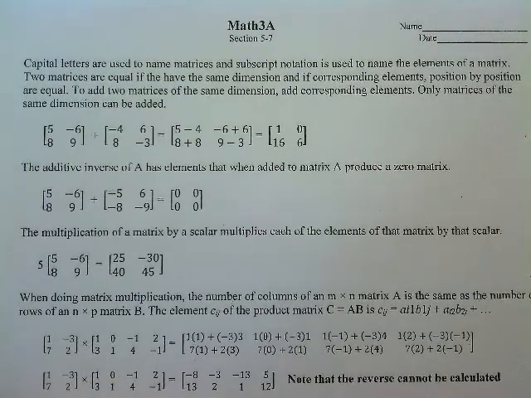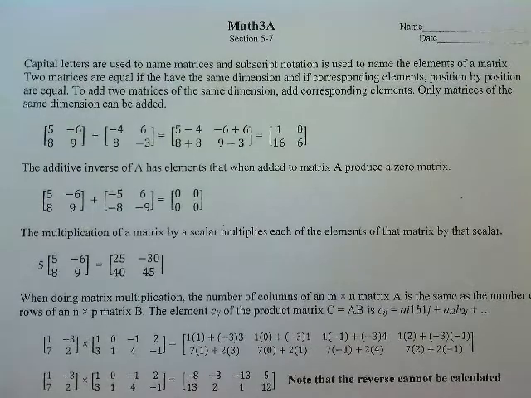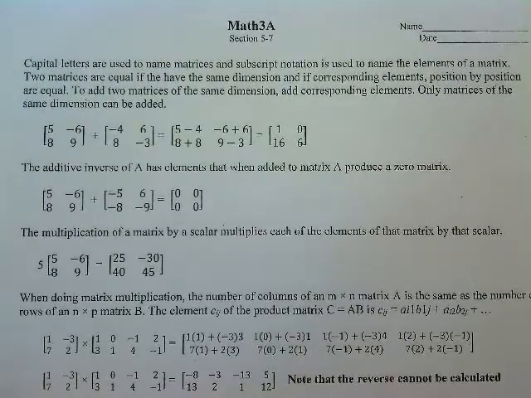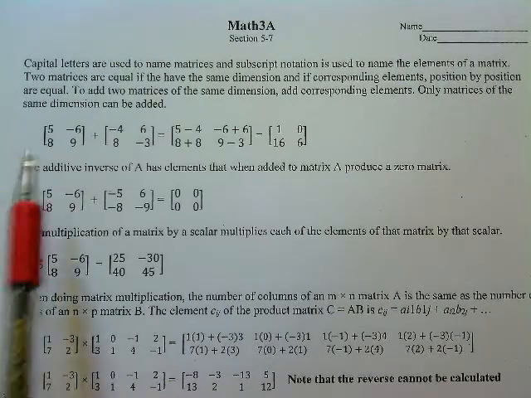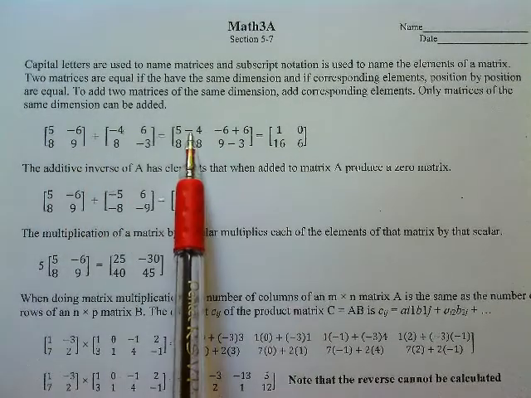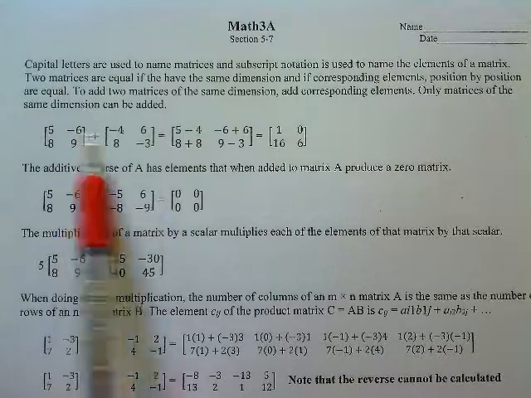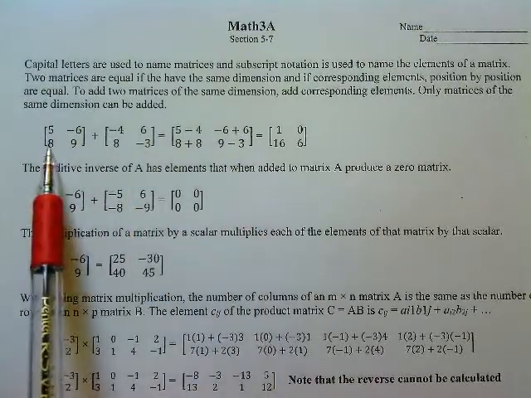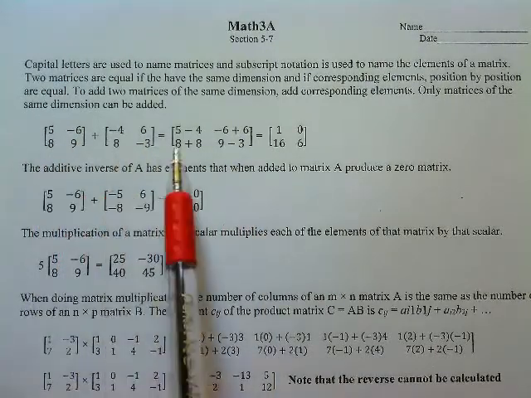To add matrices of the same dimension, add corresponding elements. Only matrices of the same dimension can be added. So, for example, here we have two 2x2 matrices and we want to add them. Note that the elements in the A11 position get put together, in the A12 position get put together, the A21 and A22.